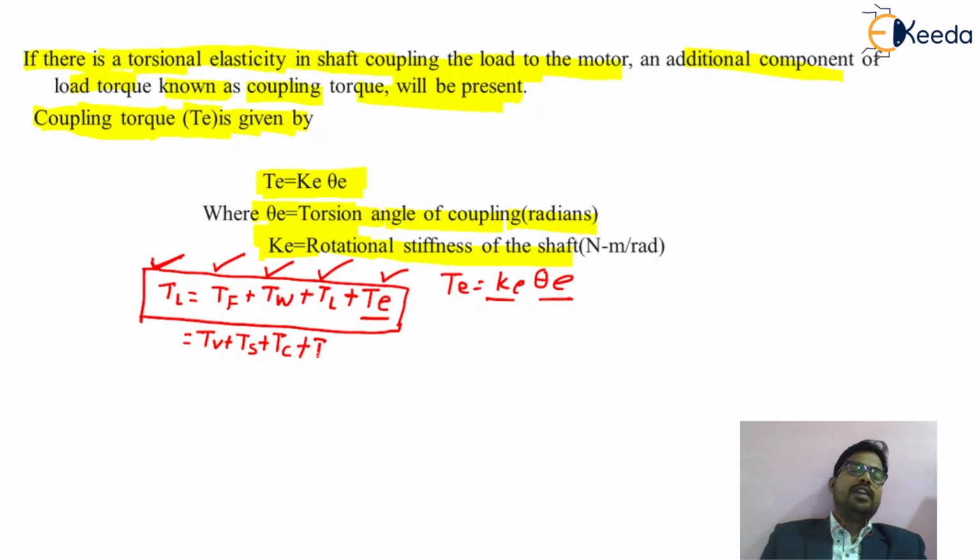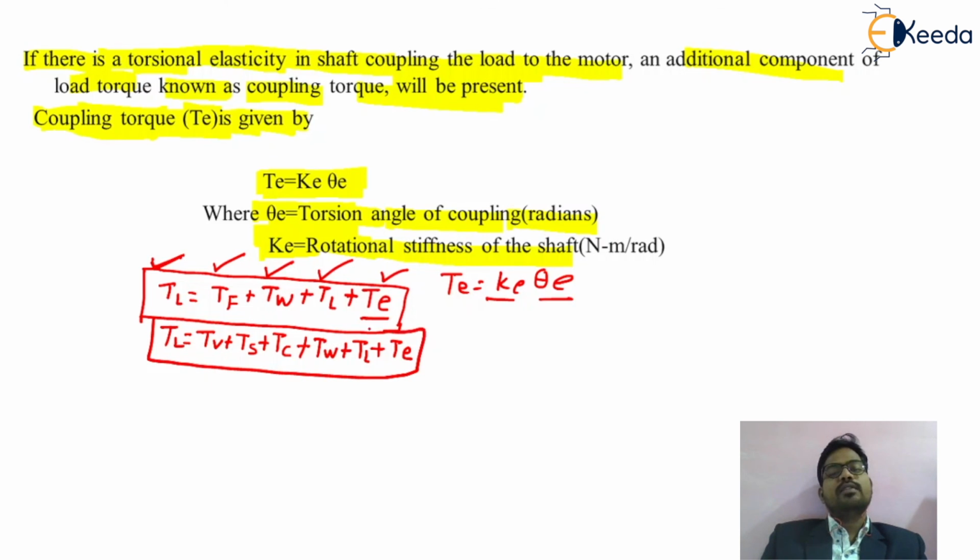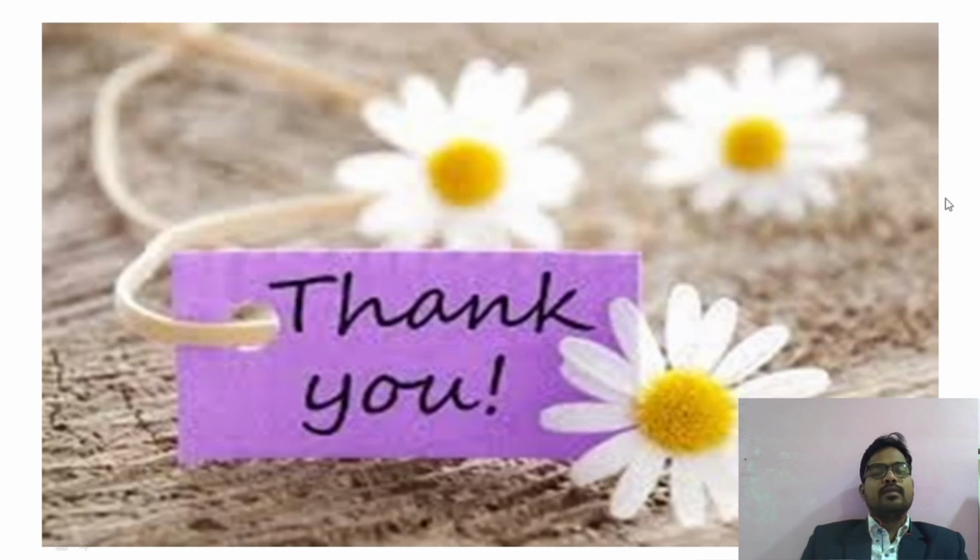Plus TW is the windage torque, TL is the mechanical load torque, and TE is the coupling torque. So in this video, we have studied the different detailed components of your load torque. Thank you very much.